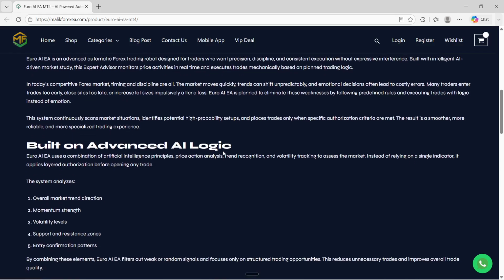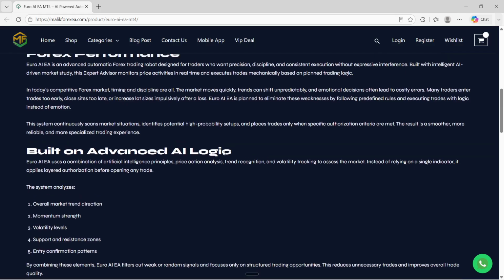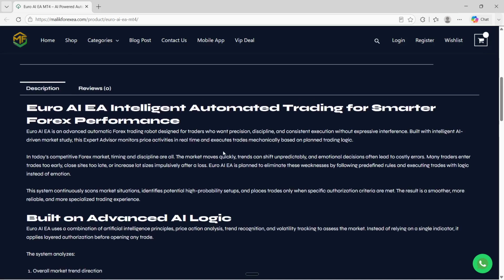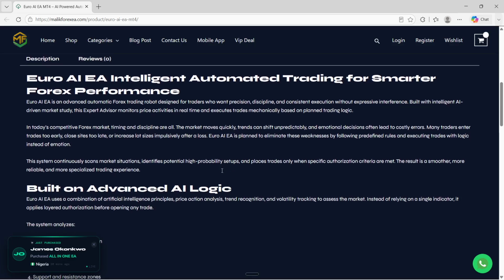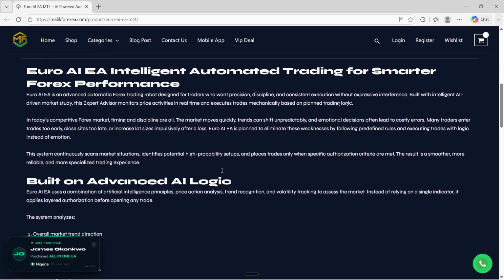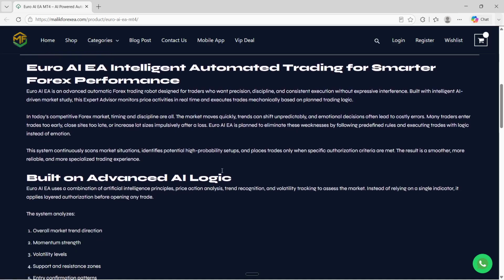Alright, so as for the features, the key features include multi-layer AI style confirmation, automated execution with hard stops and targets, dynamic risk adjustment based on conditions, customizable lot size or risk percentage, and the focus on disciplined lower frequency trading.